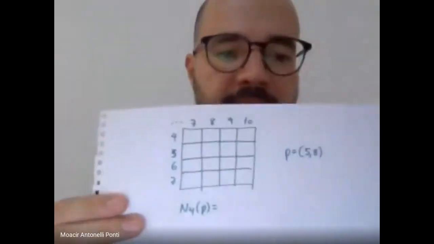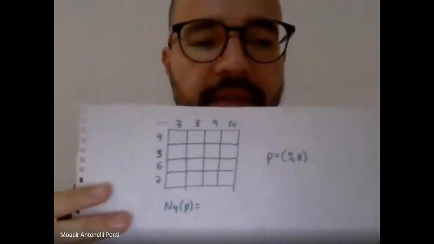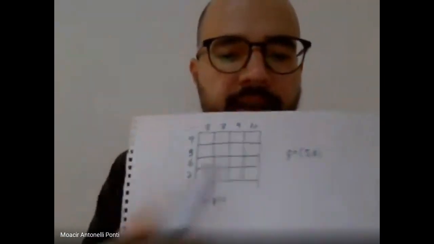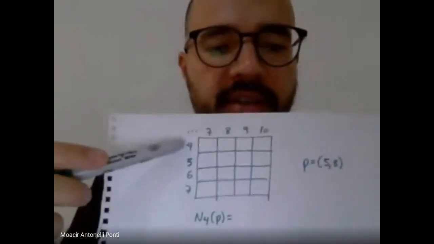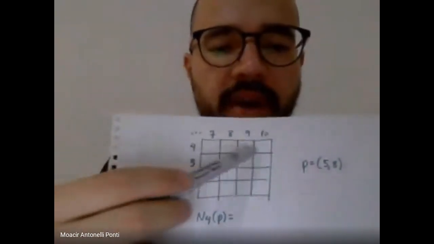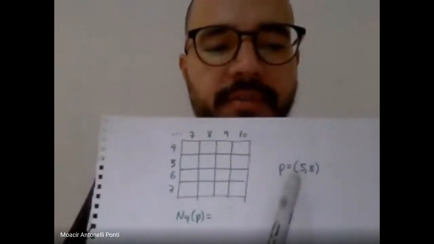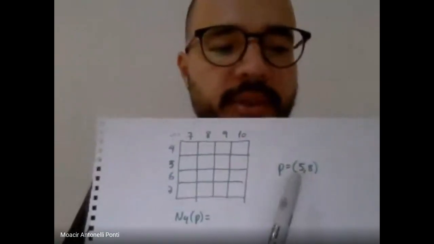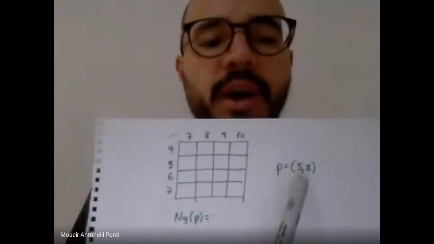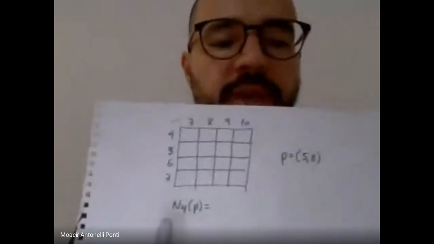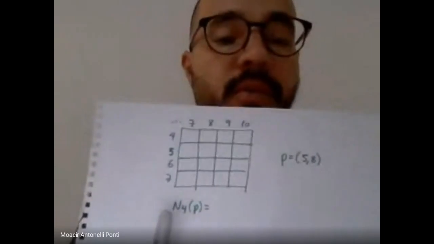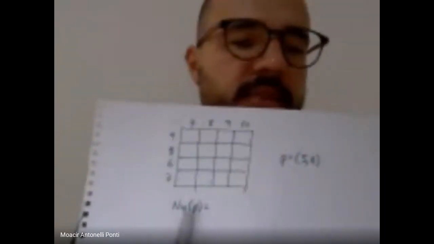So let's say we have an image like that. Again, those are the x coordinates and y coordinates. Let's say I have a pixel 5, 8, which means x equals 5 and y equals 8. What would be the 4 neighborhood of this pixel P?